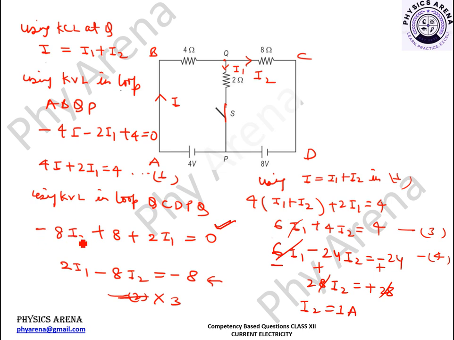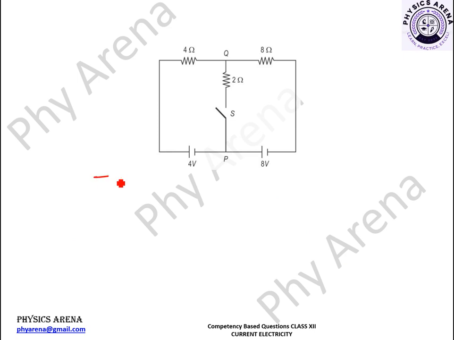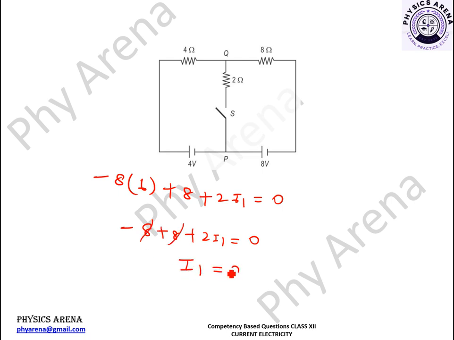So it will be minus 8 into 1, plus 8, plus 2I1, and that is equal to 0. Minus 8 plus 8 plus 2I1 is equal to 0, and this will give us that I1 is equal to 0.